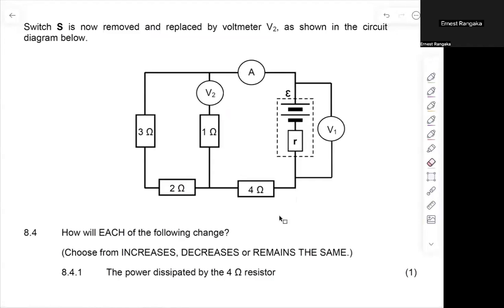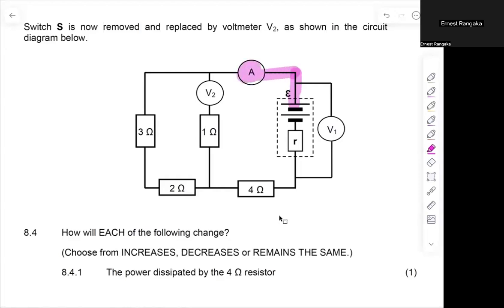If I had a switch where V2 was, and now I'm placing V2, remember, voltmeters have very high resistance, right? Very high resistance means I'm going to have little to no current going through. In this question, I assume no current goes through my voltmeter, which means when I look at my battery, the current is going to flow in this manner.